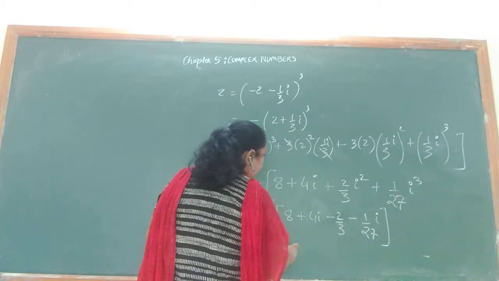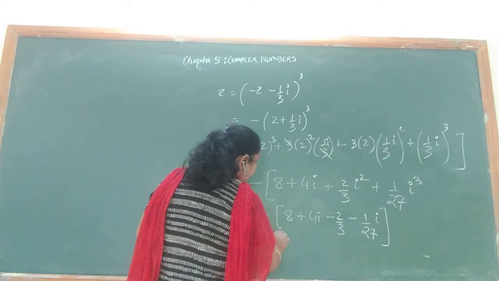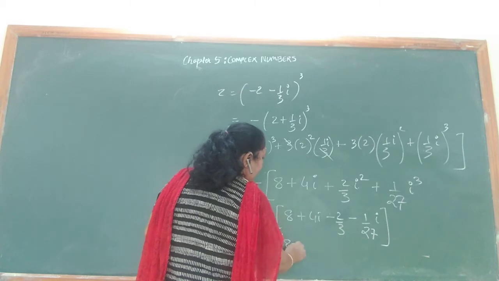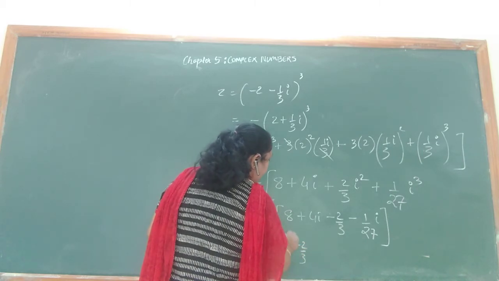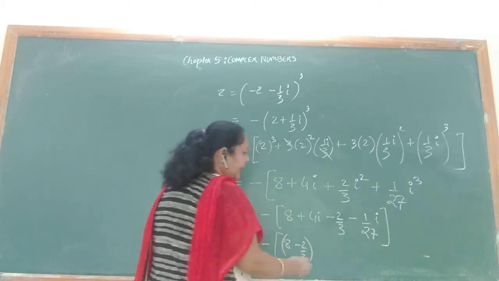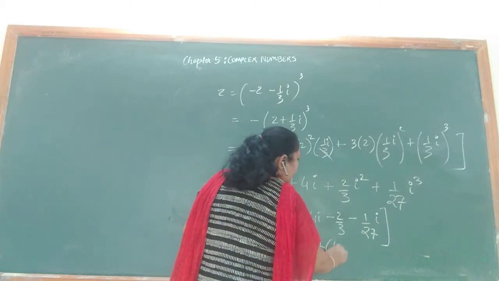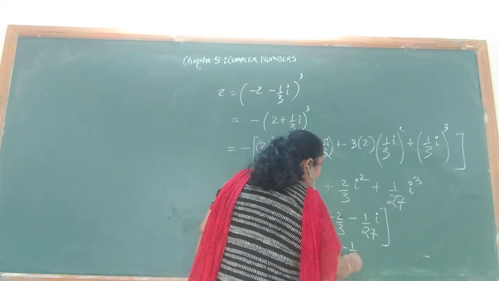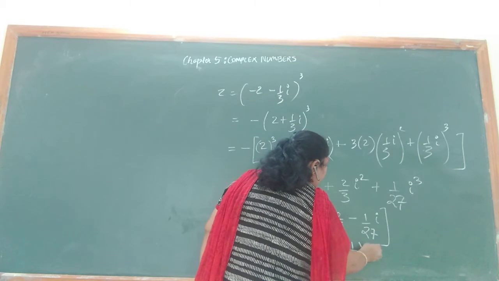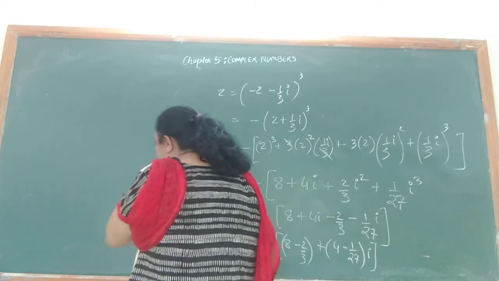I write the two terms minus 8 and minus 2 upon 3 separately, and plus 4 and minus 1 upon 27 with an i separately.